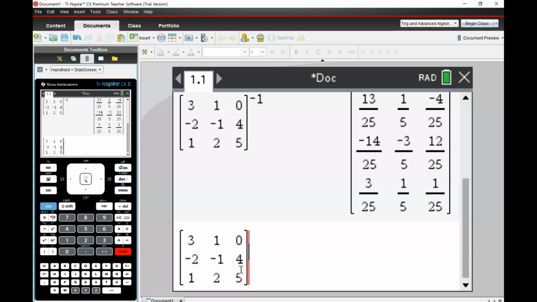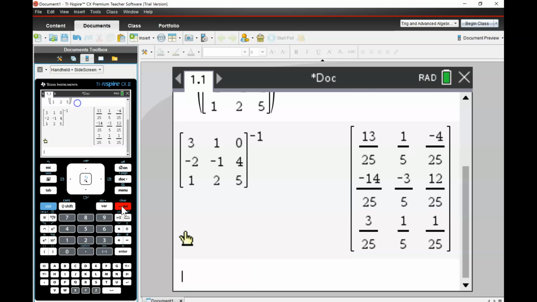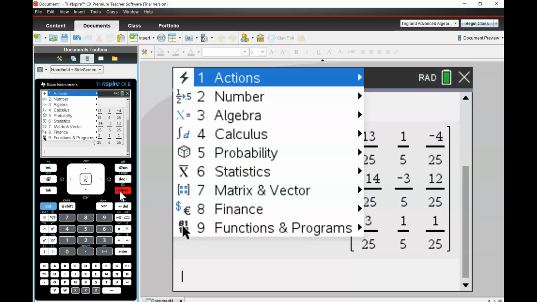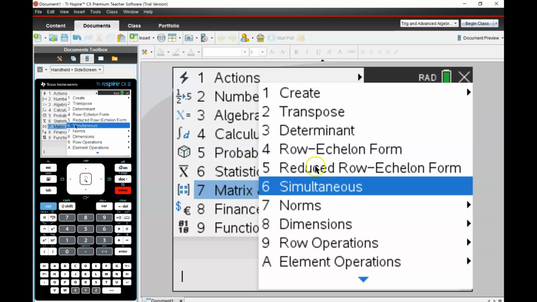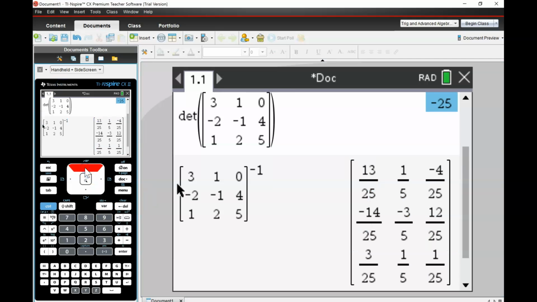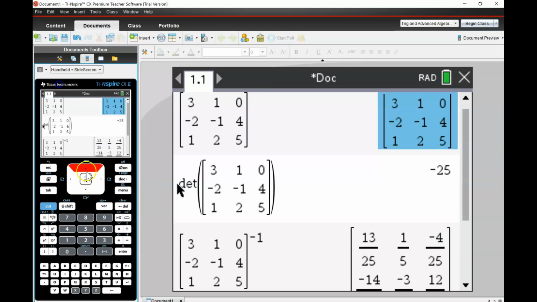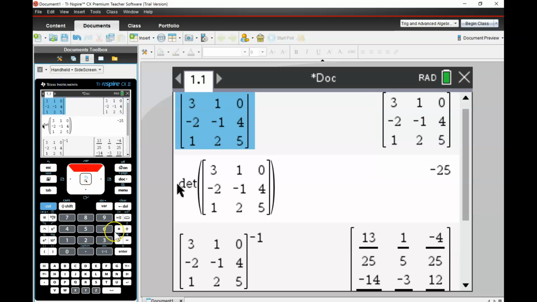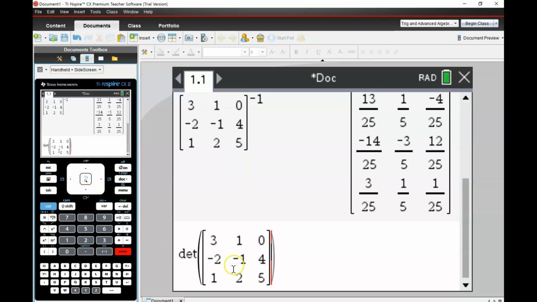So you can do whatever you want with it. For example, menu, matrix, determinant. Now go up, up, up, up, up, press enter, and look, it puts it into the determinant for you. You've got to be savvy with this calculator.